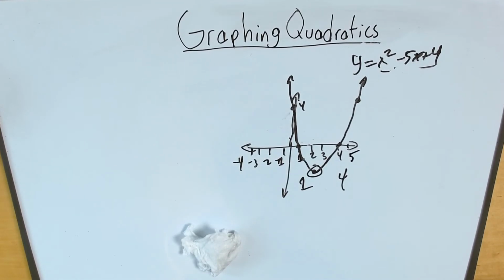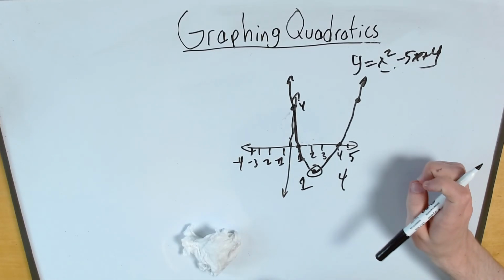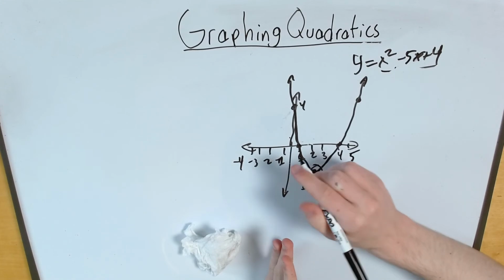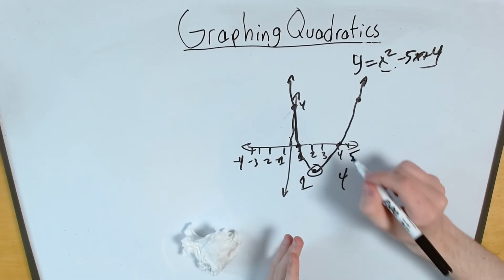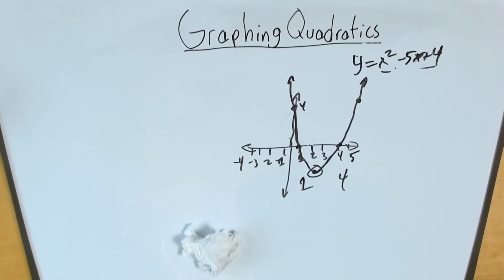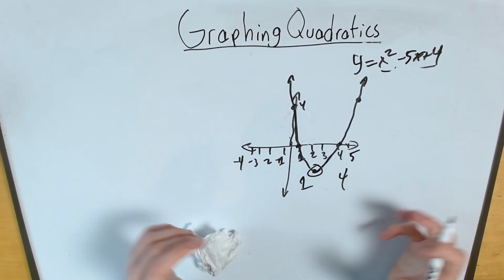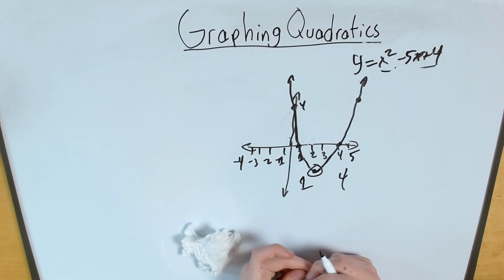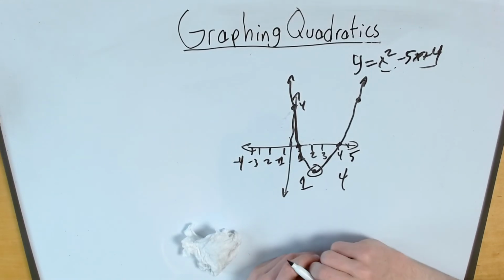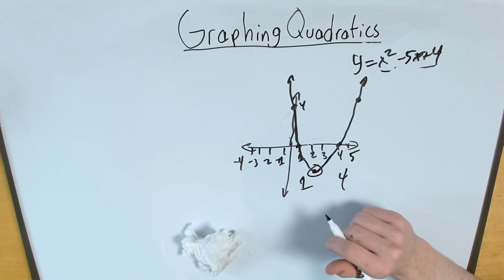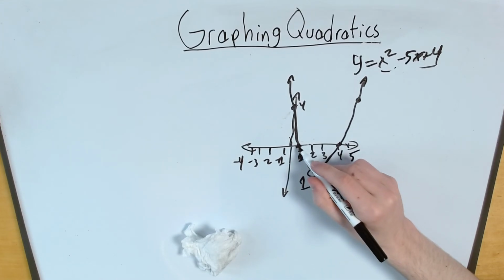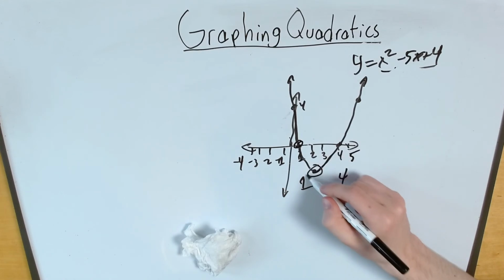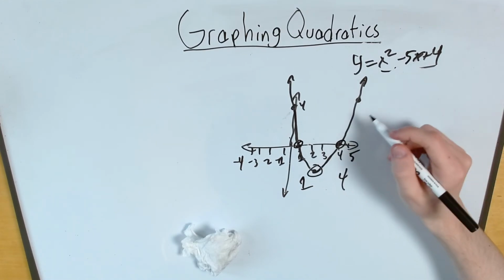Well, a vertex is always going to be exactly halfway between your two 0 values, or solutions, or roots, as you may call them, right? So it's going to be exactly halfway between 1 and 4. And that makes sense if you think about it, right? Here we start by going negative, and here we come up and we're going positive.